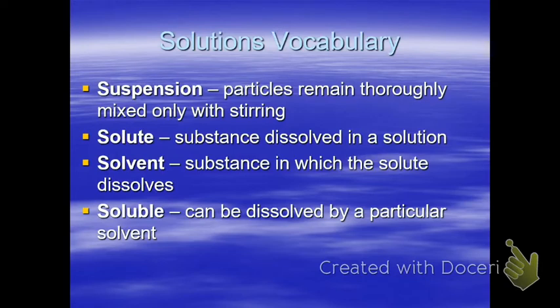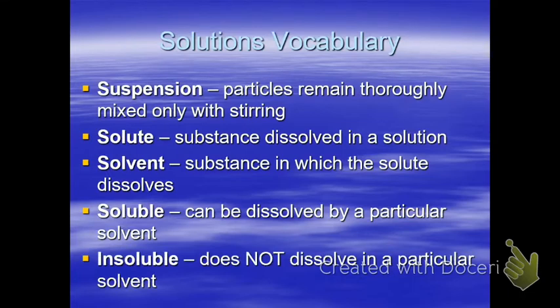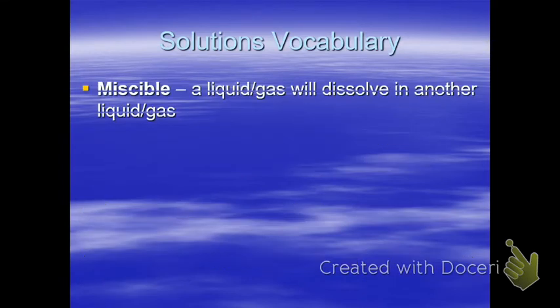The word soluble: if I say sugar is soluble in water, that just means it will dissolve. The opposite of soluble is insoluble. Something does not dissolve. Sugar will not dissolve in oil, for example.